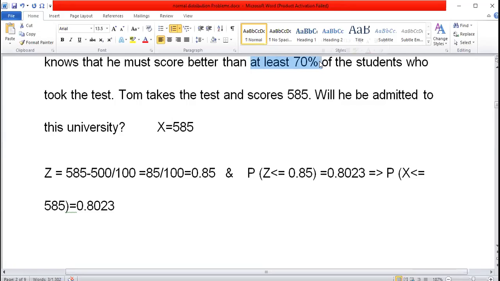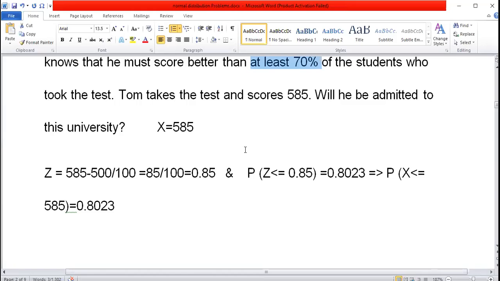But the question is, how do you find that? So here is the one way we are finding. We are trying to see the area left of 585. If that area is more than 70%, that means he is above 70% of the applicants.